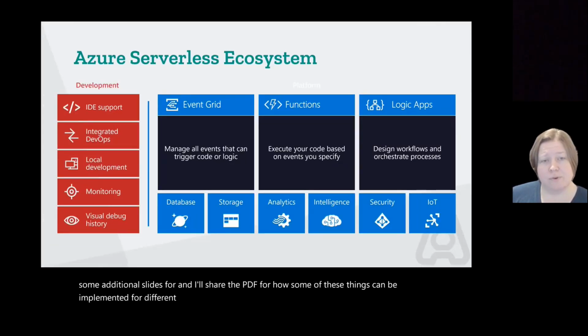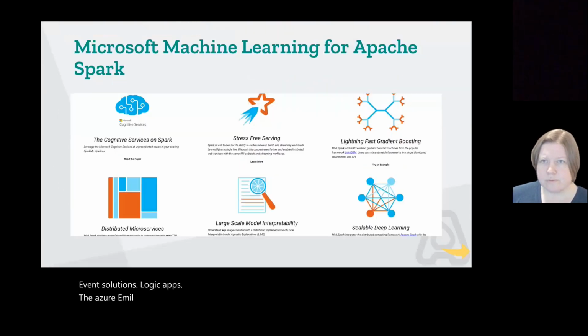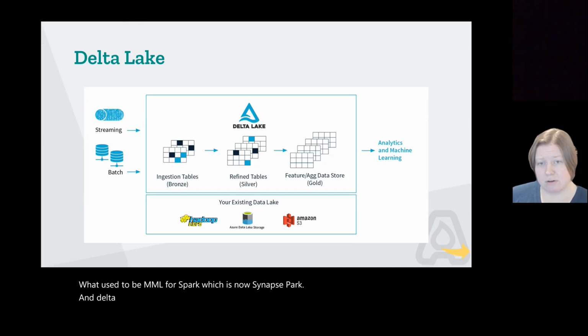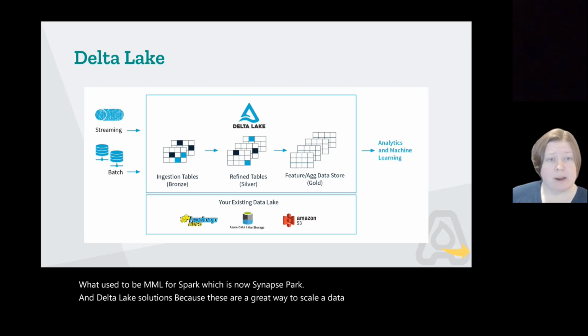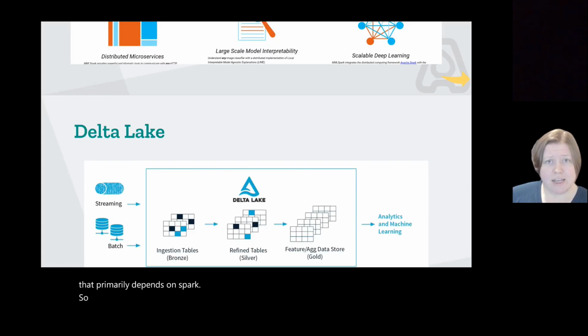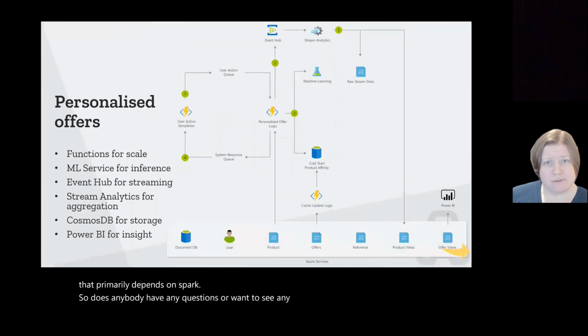Some background for you if you need it on event solutions, logic apps, the Azure ML environment, what used to be MML for Spark, which is now Synapse Spark, and Delta Lake solutions, because these are a great way to scale a data enrichment pipeline that primarily depends on Spark. So does anybody have any questions or want to see any other pieces of information?